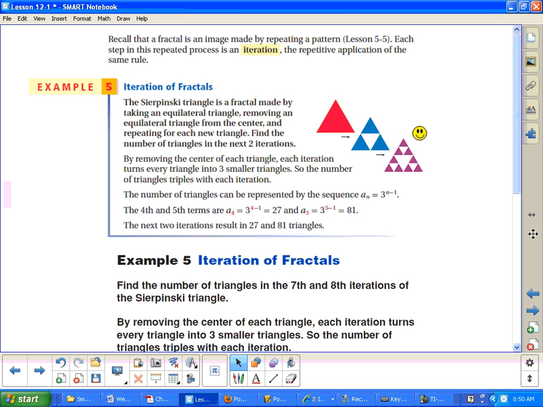So if I took a triangle out of each of those, I would have how many? Well, what did we do to get from 1 to 3 to 9? We're multiplying by 3. So every time I take a triangle out of the middle, I'm creating 3 times as many triangles. So the next one would be 27, and then the following one would be 81, because we're just repeating that pattern of continuing to multiply by 3 each time.